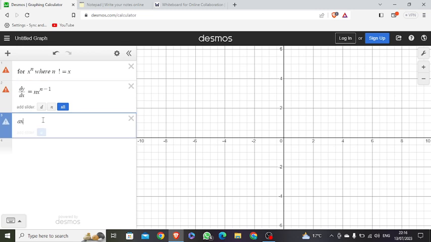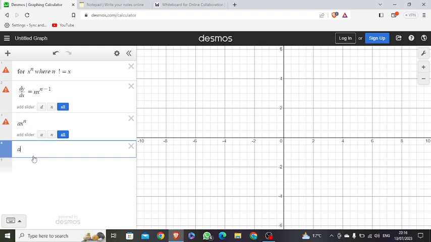So a x to the power n. Well, we just multiply, so the derivative is a n x to the power n minus 1.